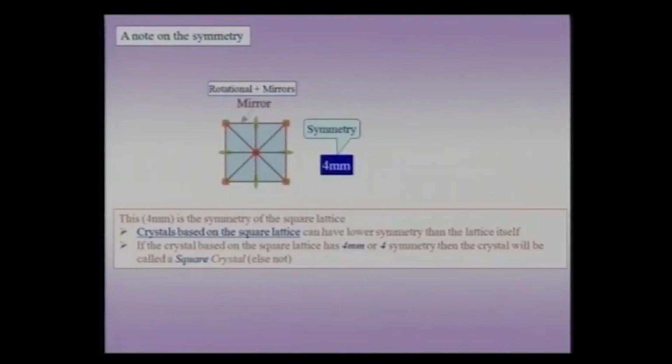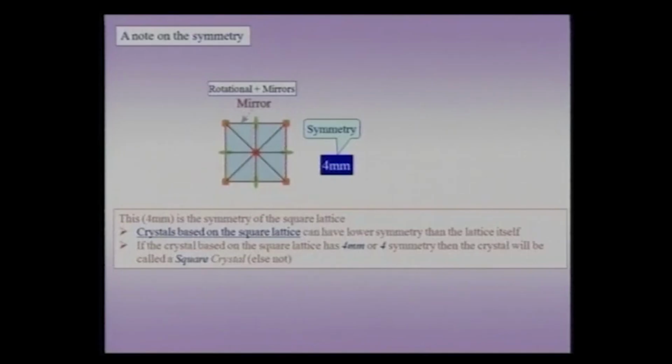The symmetry of the lattice, as we considered before, is nothing but the 4mm symmetry. A square lattice will always have this 4mm symmetry, irrespective of what motif I use to decorate the lattice.